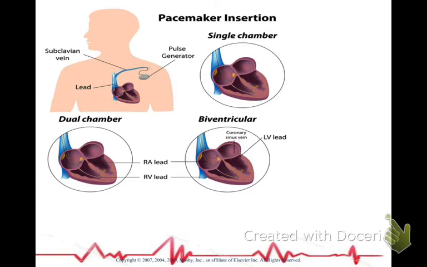This is just some examples of some pacemakers, different types. You've got your single chamber. You have a lead to the right atrium or the right ventricle. So that's your single chamber pacemaker.